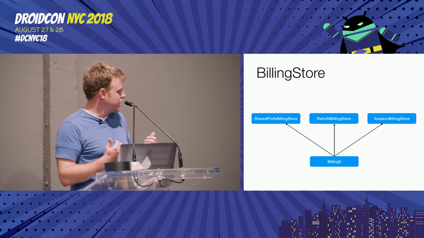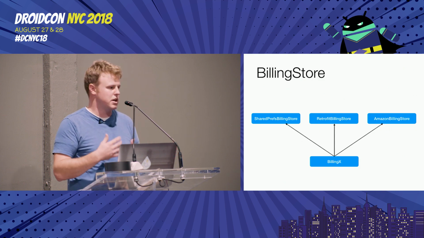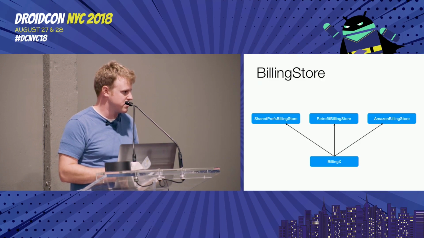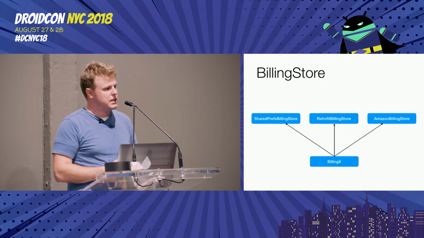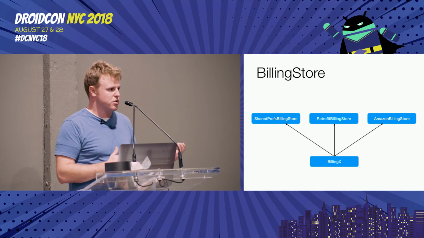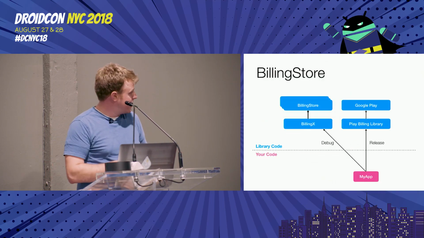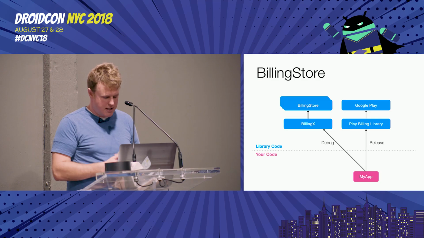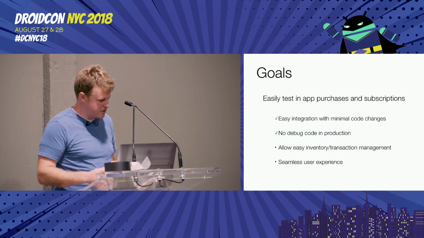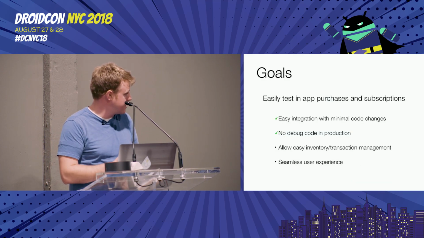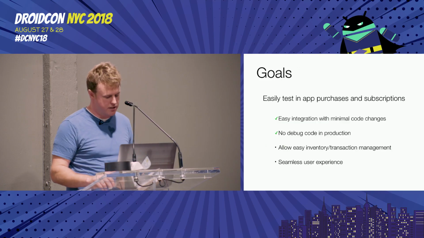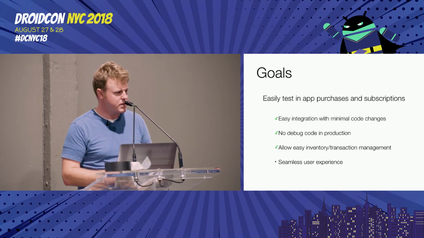You could use BillingX to integrate with the Amazon App Store or any other app store by just swapping out the billing store, not actually changing any of your in-app code. So that's the billing stores and how we work with that. And what that allows us to do, as our third goal here states, is easily manage our inventory and transactions.